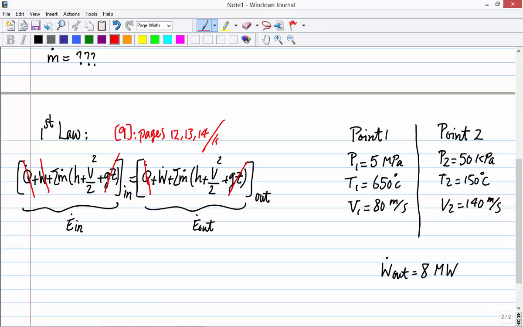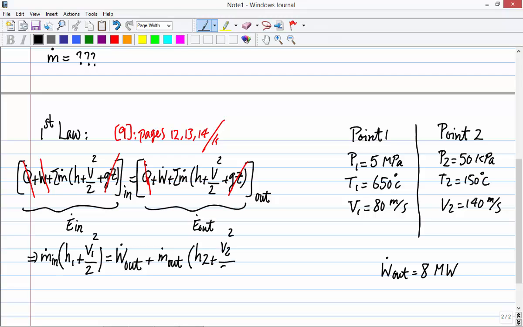At the end, I'm going to have m dot 1 times (h1 plus V1 squared divided by 2) equals W dot out plus m dot out times (h2 plus V2 squared divided by 2), right?